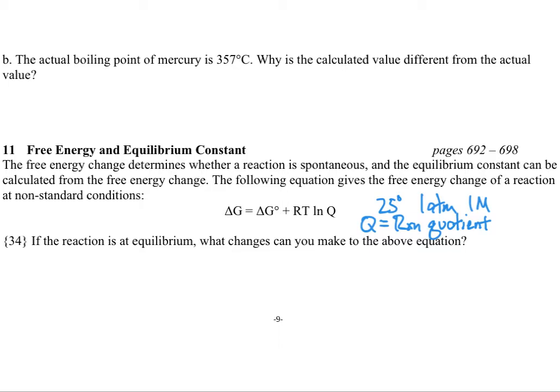A ball has a natural tendency to want to roll down a hill. Now, as the experimentalist, there's only so much we can do to influence that natural tendency. Namely, we can do things like adjust the temperature or adjust the pressures or concentrations of the reactants and products involved in the system. There's only so much we can do.